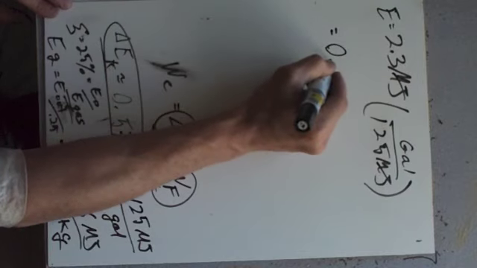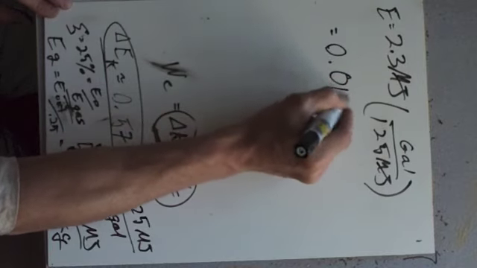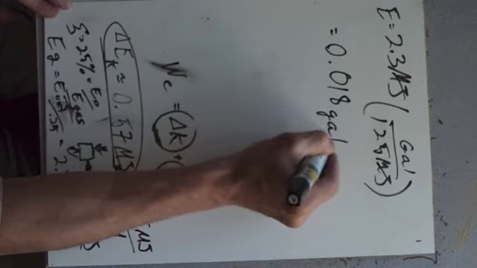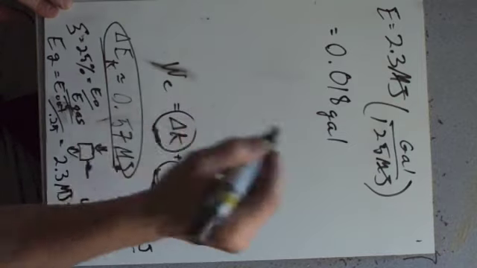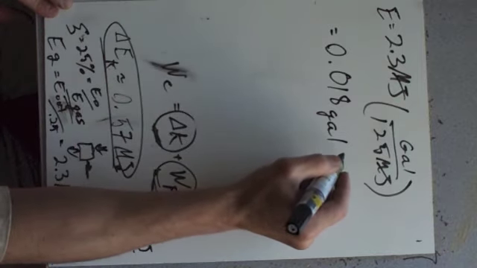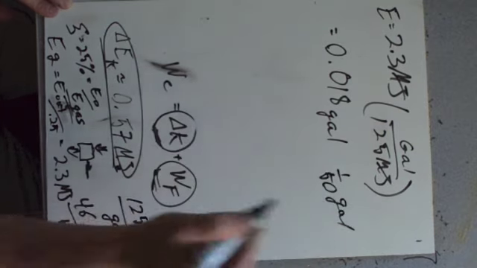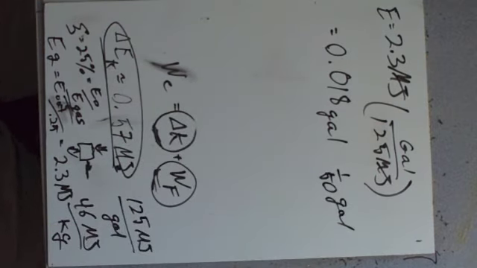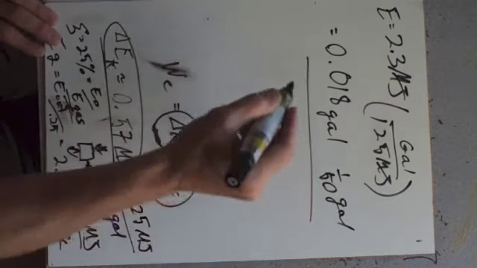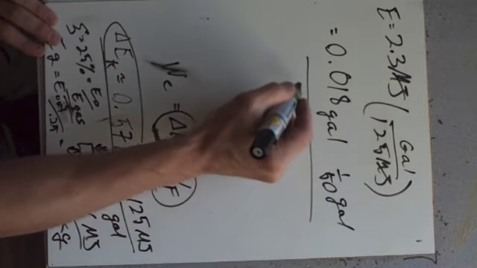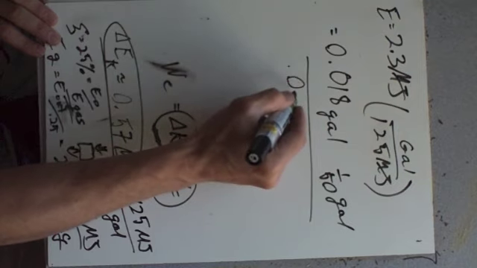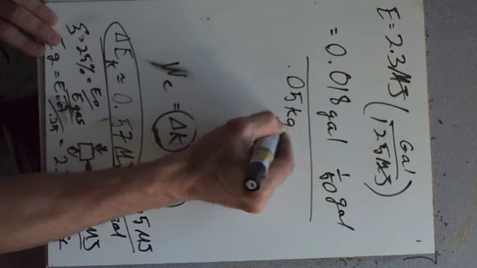I think I get 0.018 gallon, right, which is a little bit less than 1/50th of a gallon. And you ask yourself, does that make sense? That means 1 gallon of gas would allow you to accelerate up to 60 miles an hour 50 times. Seems reasonable. We could also express this in kilograms, and that would be on the order of 0.05 kilograms, or a 20th of a kilogram.